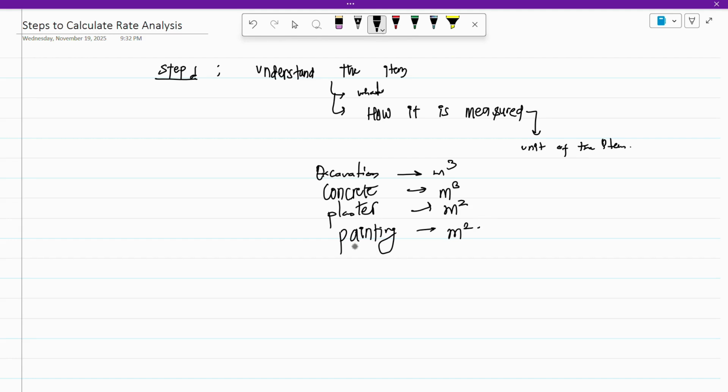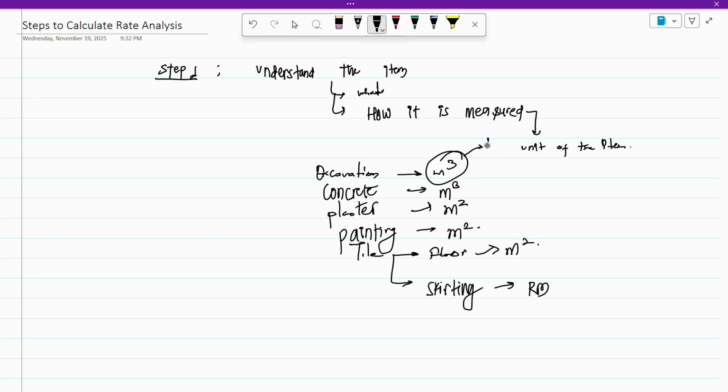For the flooring work, let's say for the tiles, the floor is meter square, but the skirting on the sides of the wall, it's running meter. So this is very important because when you multiply in meter cube, what are you doing?